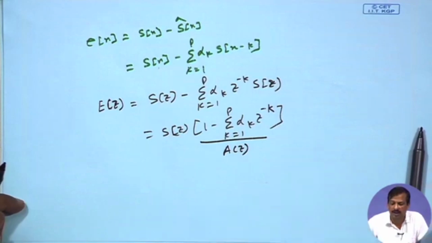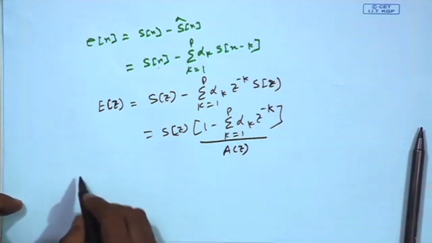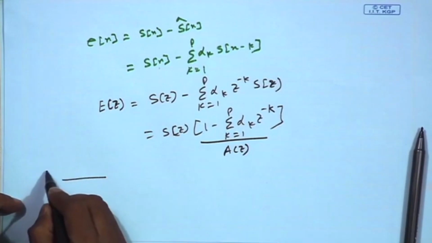Okay. So I can say this is my signal, which is s[n].